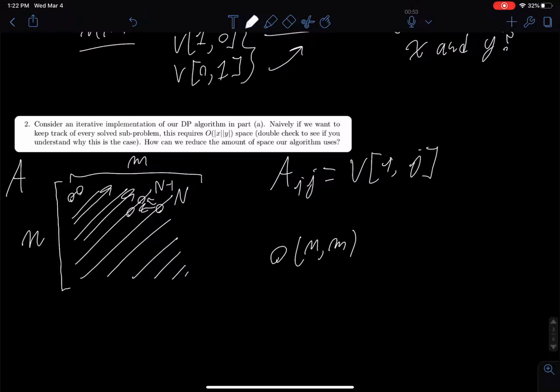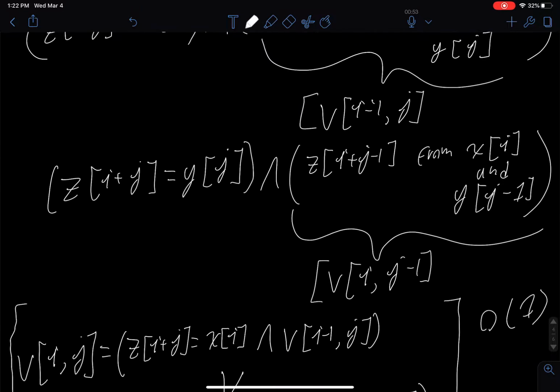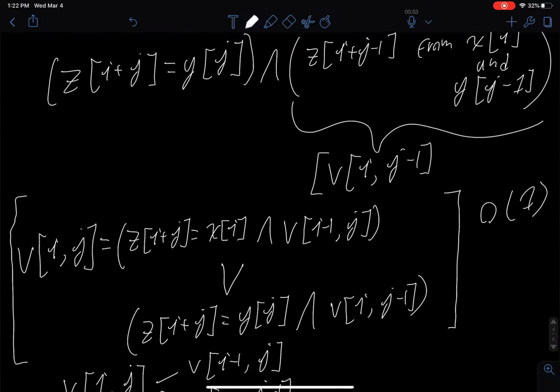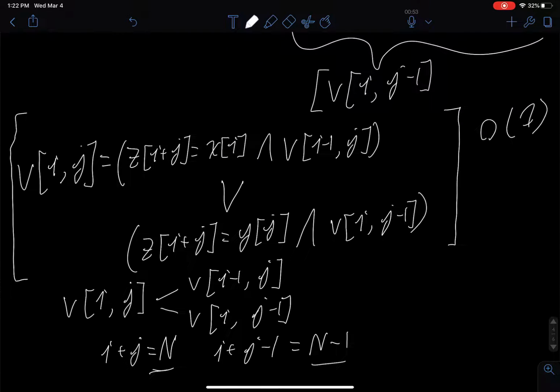We can also think, though, of the amount of space that's going to be required. Before we think of that, I want to make sure that you're actually convinced of the correctness of this algorithm. So take a moment, look again at our derivation for the recurrence relation, which we have right here.